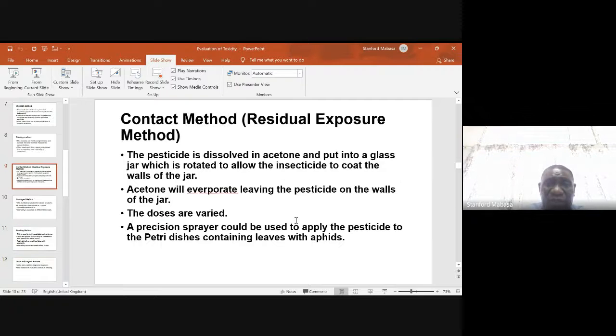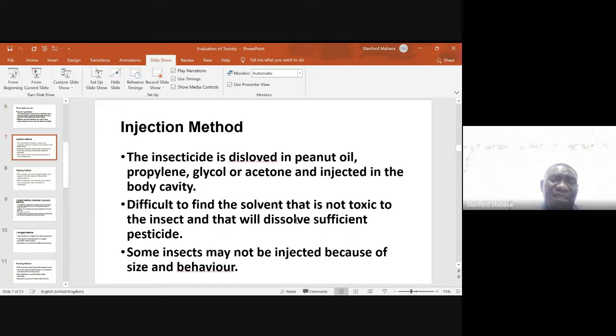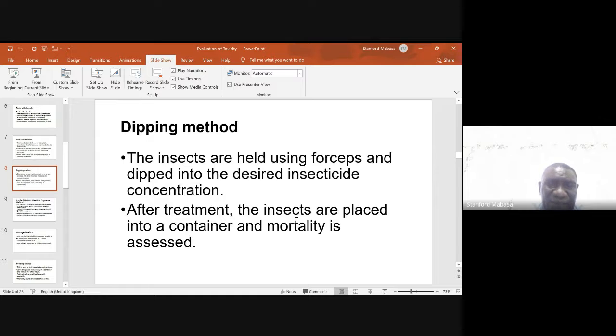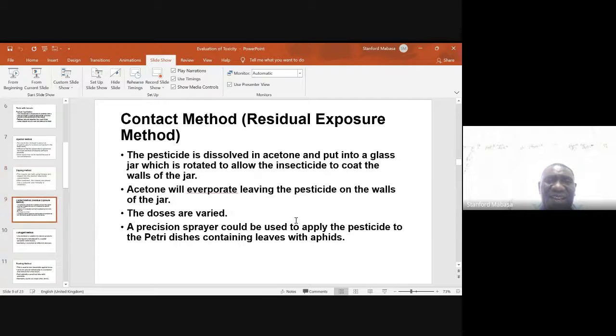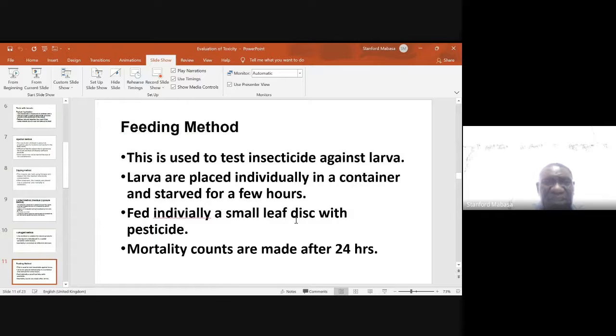So if I go back a bit, with insects, number one, we use the topical application. We can use the injection method, dipping method, contact method, residual exposure method, fumigant method, feeding method.